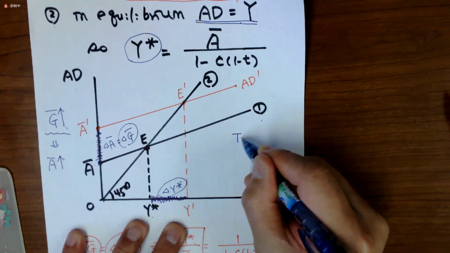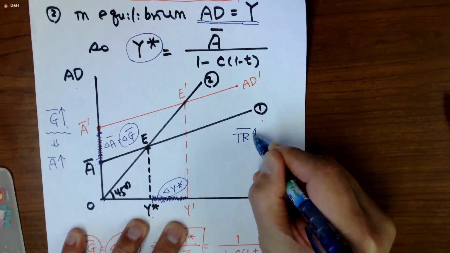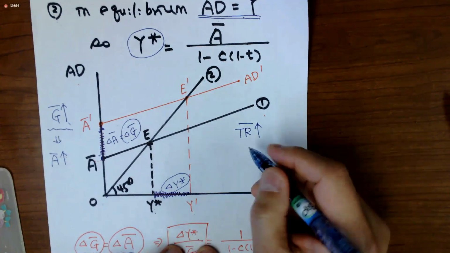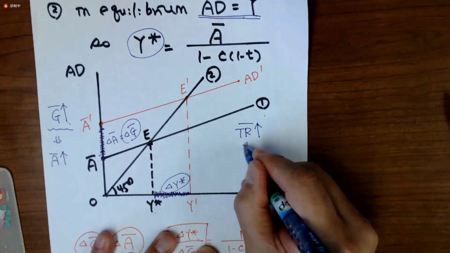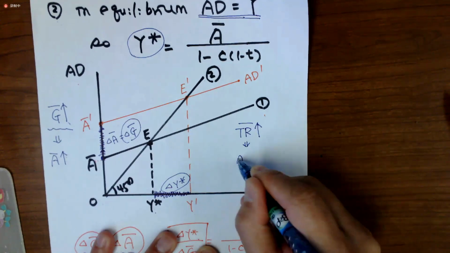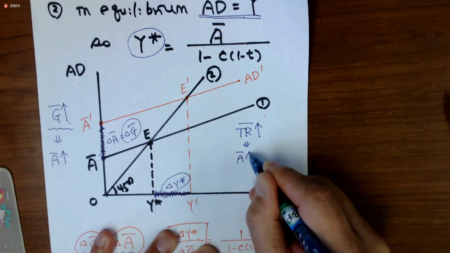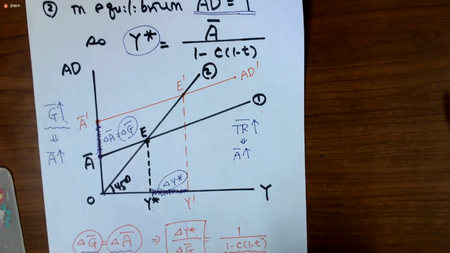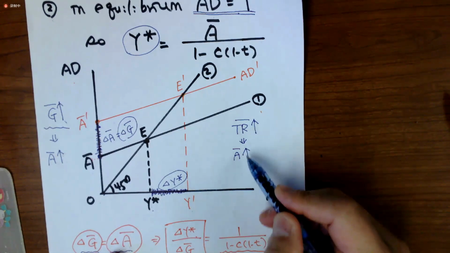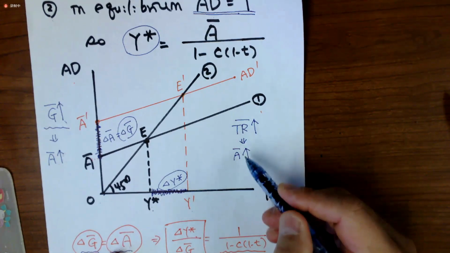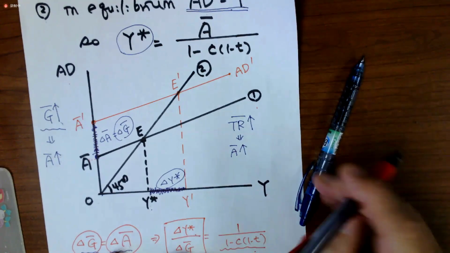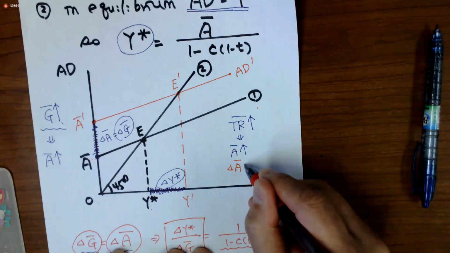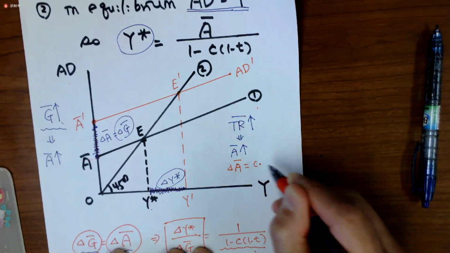Suppose I do a transfer payment increase, like what we did. Will an increase in transfer payment lead to an increase in total autonomous spending? Yes. But they are not one-to-one anymore. Instead, what you have is that change in total autonomous spending is equal to little c times change in TR bar, right?